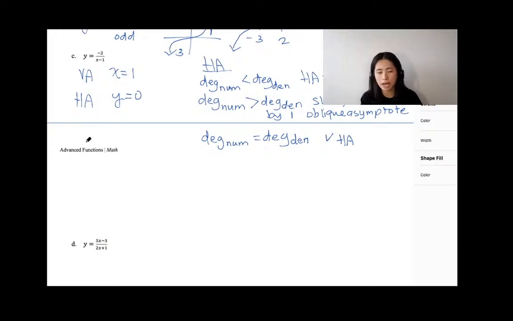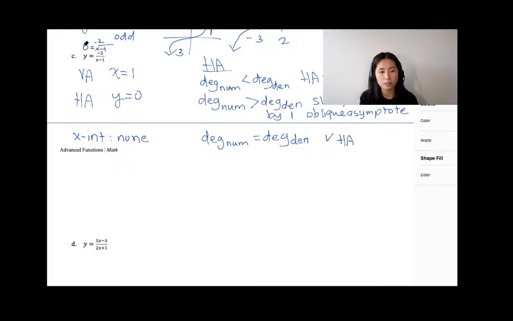So now we have the vertical asymptote and horizontal asymptote, and we also have to find our intercepts, because we have x-intercepts and y-intercepts. Maybe we can look at the x-intercepts first. The reason the x-intercept is none for this particular function is that when y is 0, you have 0 equal to -2 over x minus 1.